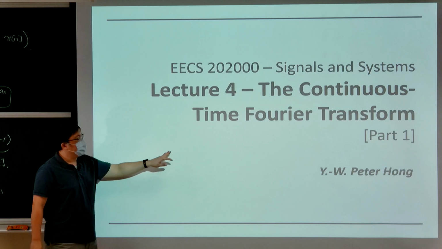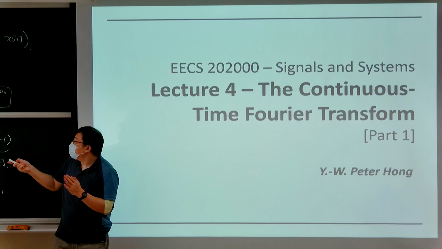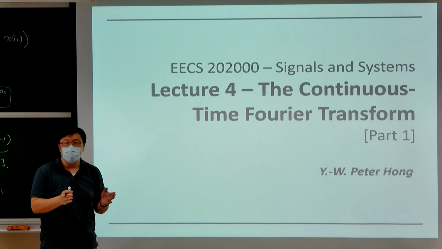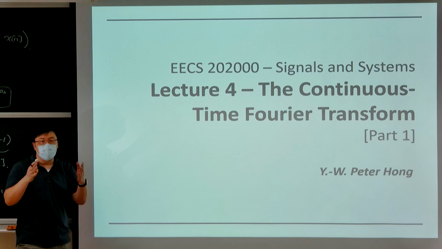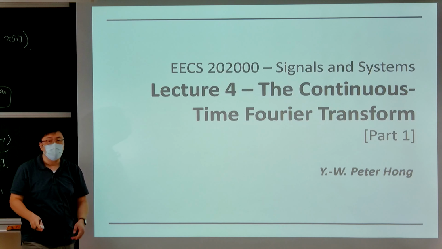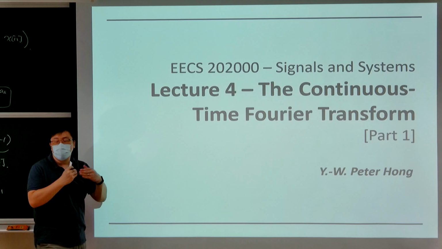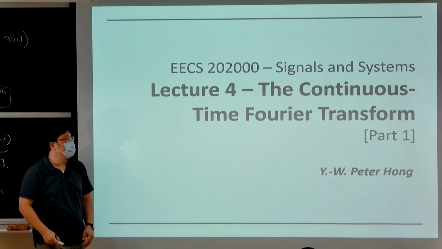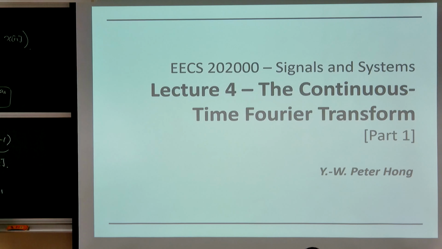In chapter 4, we want to extend this concept of representing a signal as linear combinations of these pure complex exponentials to the case where the signal may not be periodic. We start with continuous time in chapter 4, and then we repeat the whole discussion again for discrete time signals in chapter 5. So if you understand chapter 4, we will probably go faster through chapter 5.